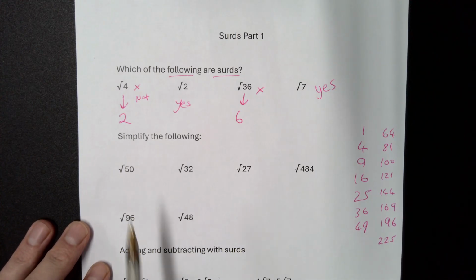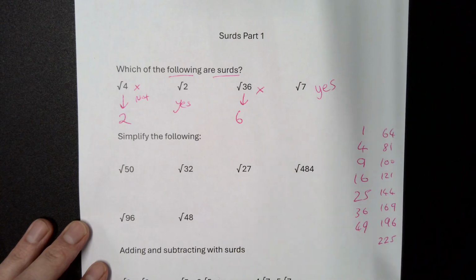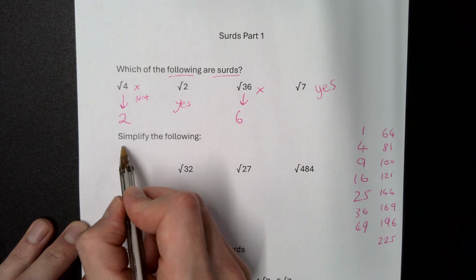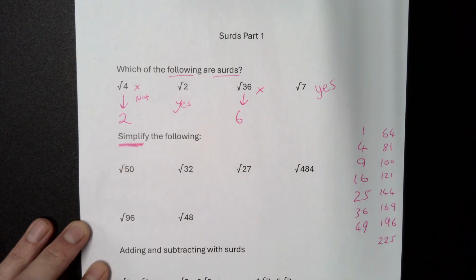Okay, so the square root of 50, you can look here. If you pick the number 1, that'll just stay as one lot of root 50. Alright, we have to simplify it. So which of these fit into 50? Well, 25 does, 36 doesn't, 49 doesn't, and the rest are too big. Alright, so we're going to pick 25.